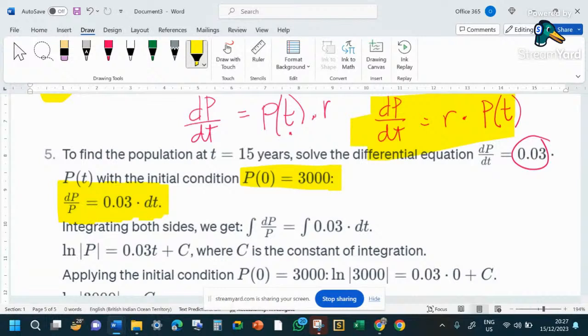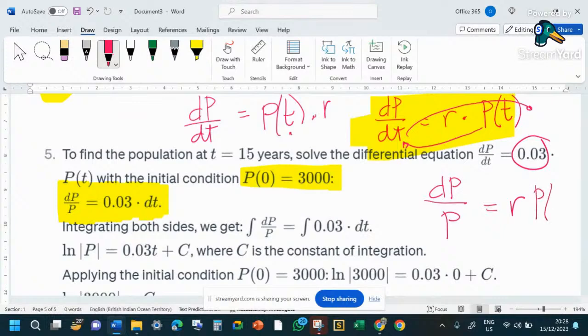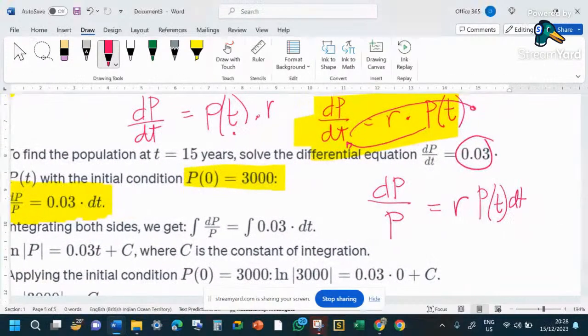Also, we have to position our variables properly. Why? Because your P must go here and your dt must go there. So you have dP over P is equal to R P(t) dt. Can you see that?